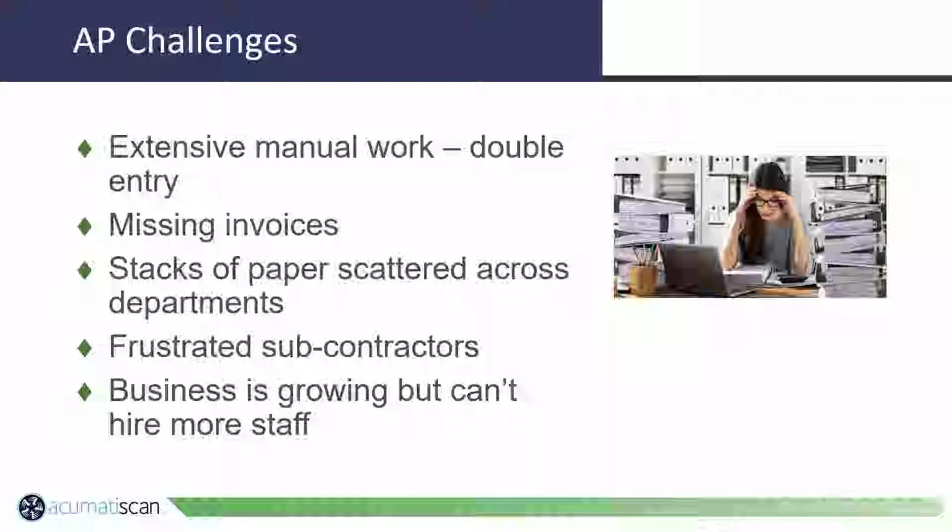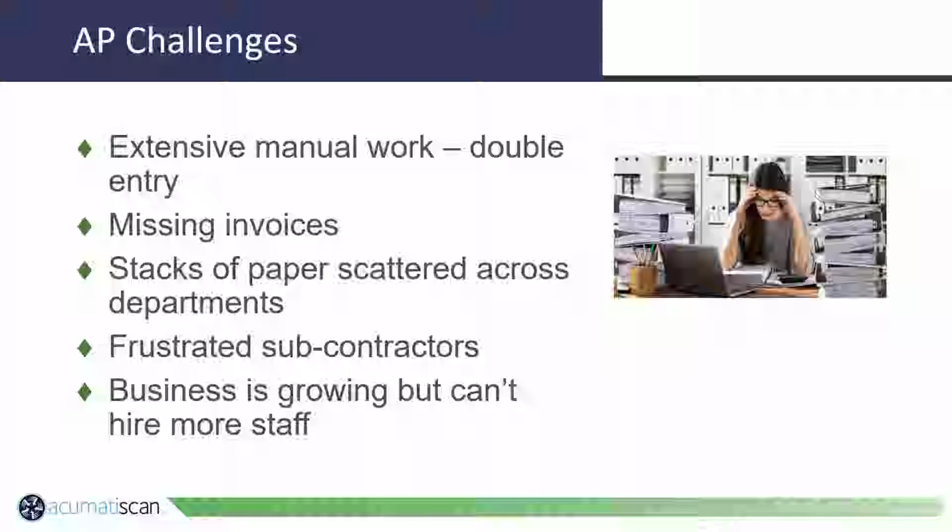Vendors and subcontractors become frustrated when they don't know the status of the invoice or when they're going to get paid. And as businesses begin to grow, if they can't hire additional staff without the ability to create efficient and effective workflows, it becomes an even bigger problem.